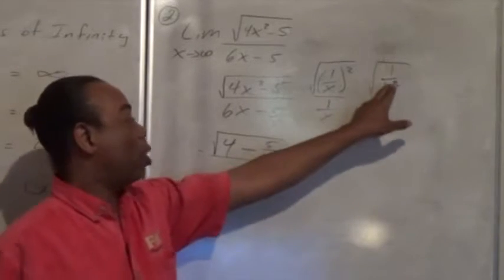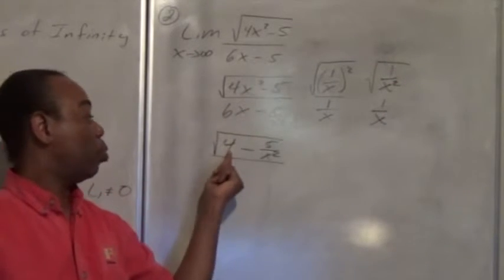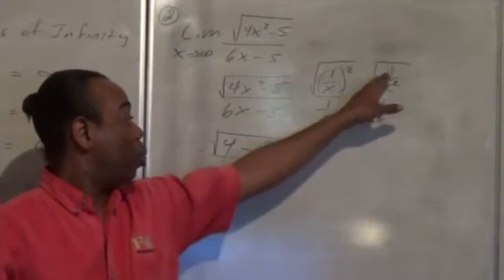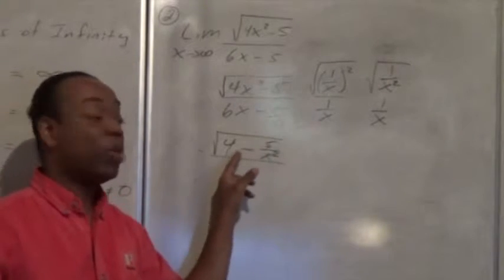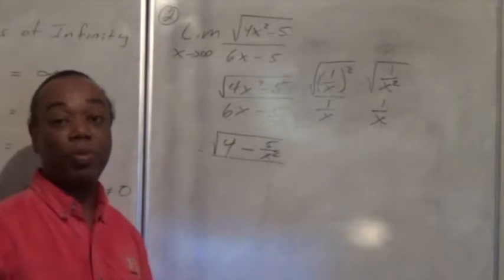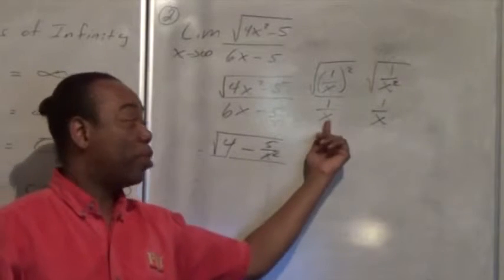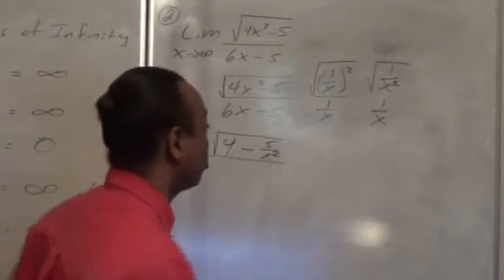So when I multiply the 1 over x squared by the 4x squared, we get 4. And the 1 over x squared by the negative 5, we get negative 5 over x squared. Now let's multiply everything by the 1 over x.